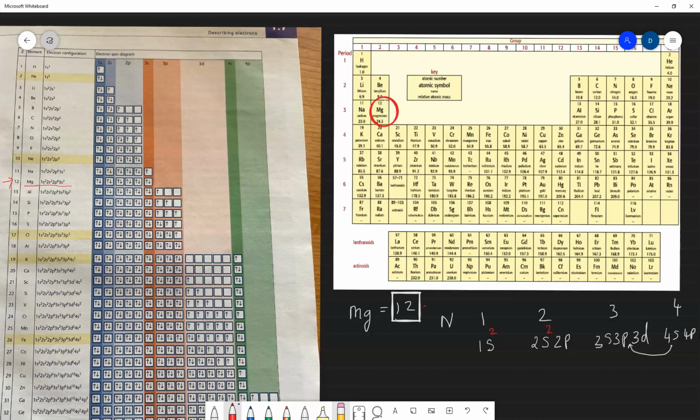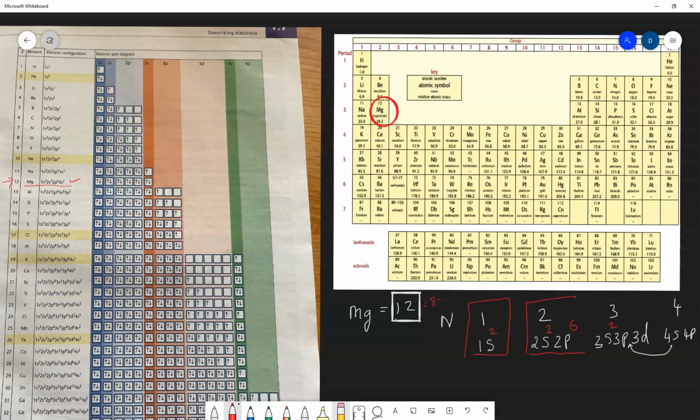If you take 4, you've got 8 remaining. In the p subshell, you can have a maximum of 6. Now you've got 2 remaining, and those 2 will go to 3s2. So you can see that you've got 1s2, 2s2, 2p6 and 3s2. Now just a couple of words you have to use here.